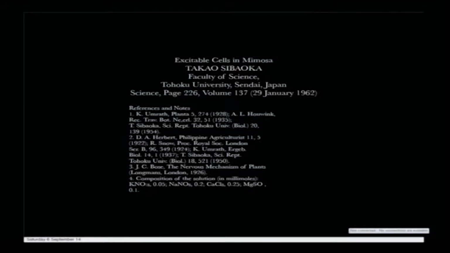But if you see the cross references, you will see that the third reference, which is very important to look at, is by J.C. Bose, back in 1926, when he proposed this idea and made some very seminal contributions.